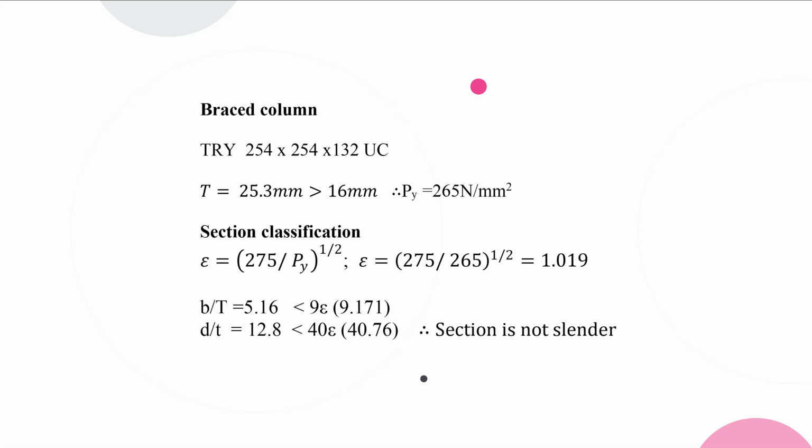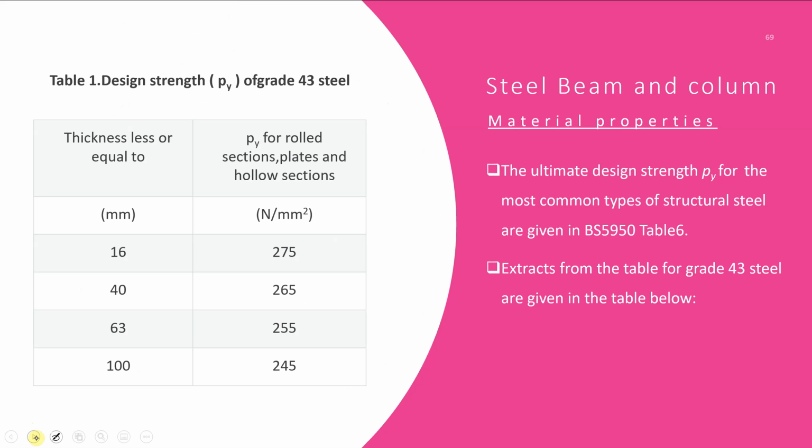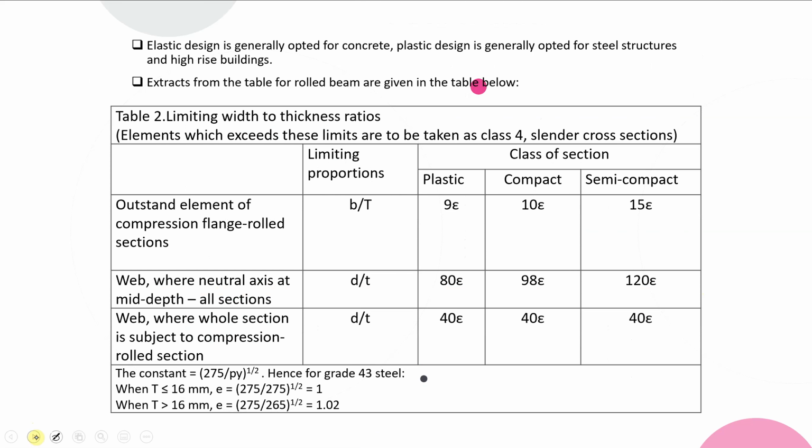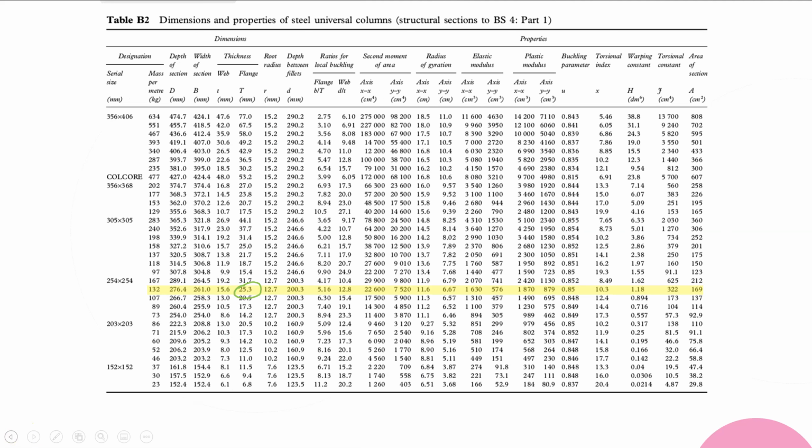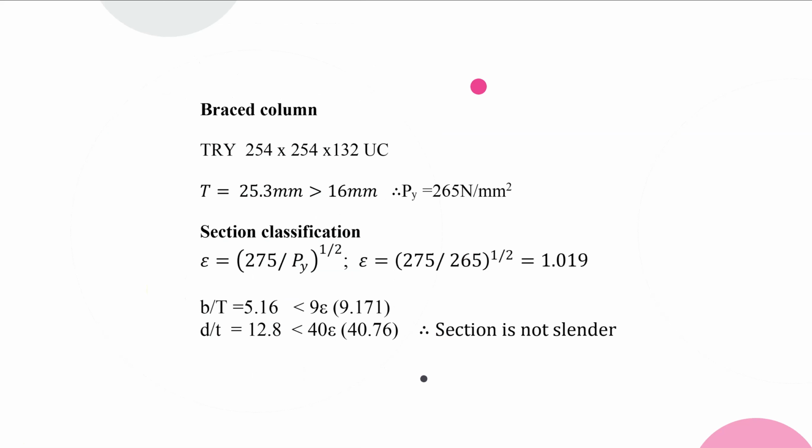And again check for b over T and d over T. b over T and d over T are 5.16 and 12.8. Okay, and check again with this table.